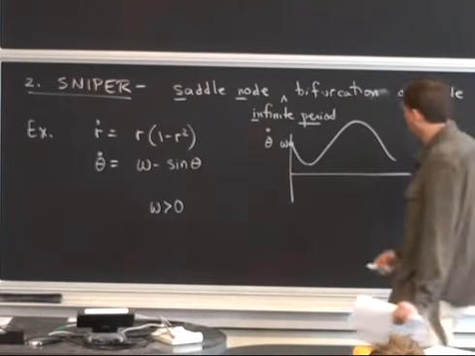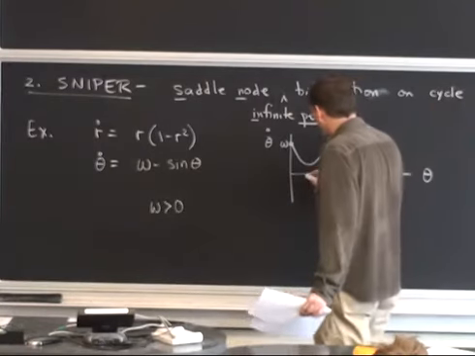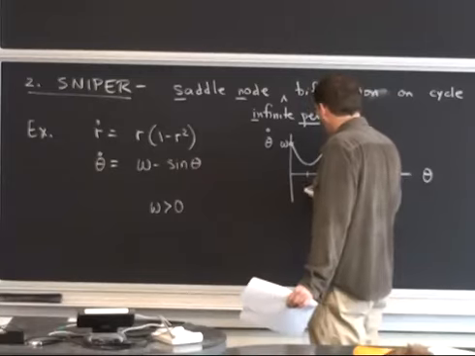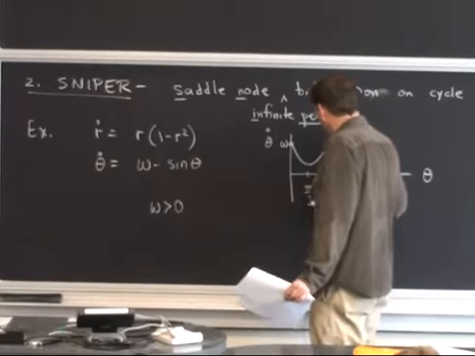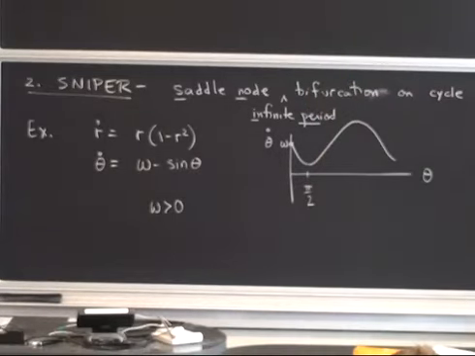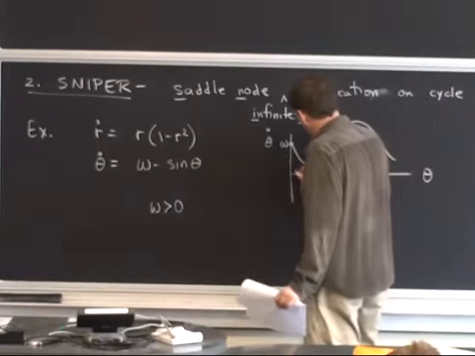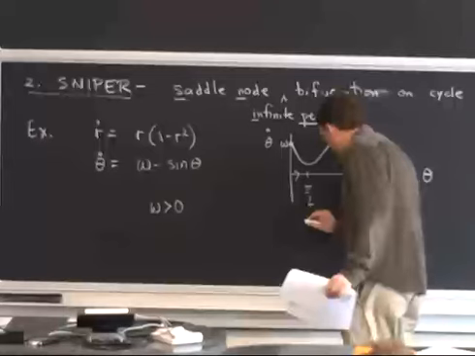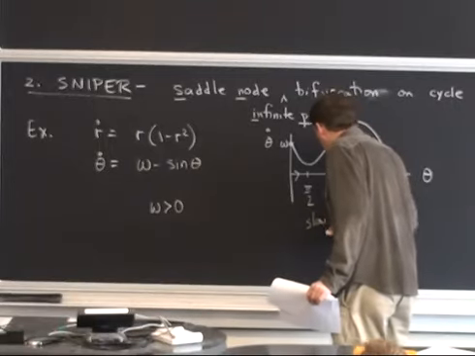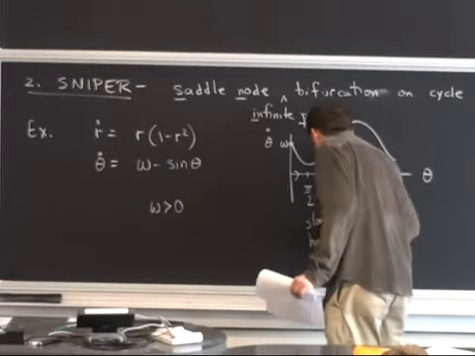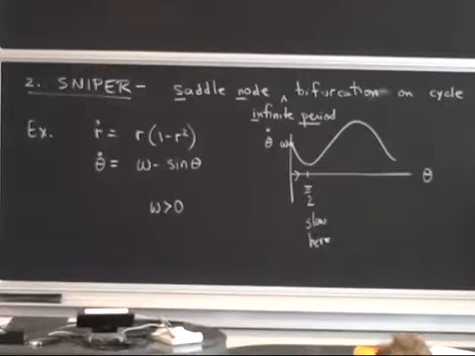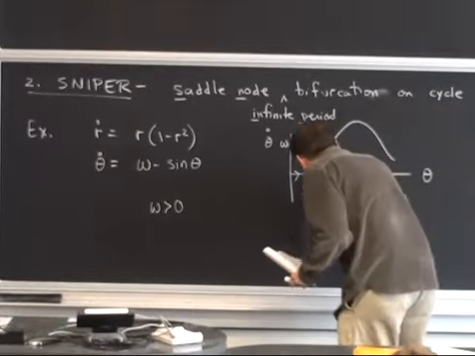Where this min is, I haven't drawn it very well. That's supposed to be a sine wave. But anyway, the lowest point would occur at theta equals pi over 2 when we're subtracting the maximum that sine theta can be, which is 1. So what you would have then is a flow that's to the right, but notice that it's relatively slow here.